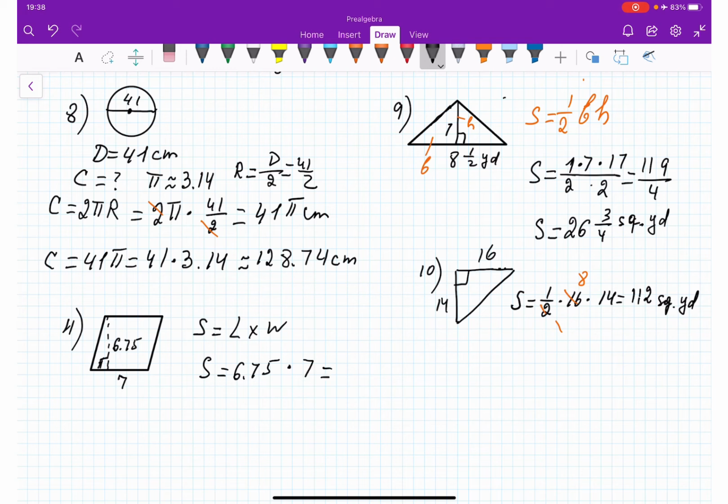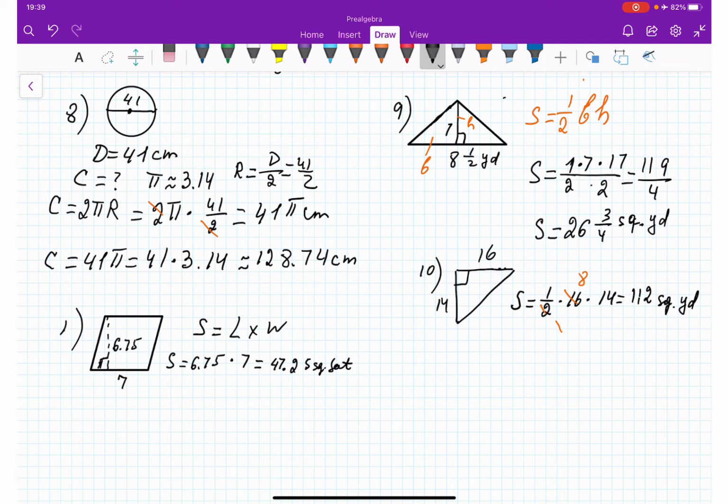Okay, let's multiply. 7 times 5 is 35, 3 in mind. 7 times 7 is 49, and 3, 52, 5 in mind. 7 times 6 is 42, and 5, 47. And we have 47.25 square feet. All right. This is number 11.